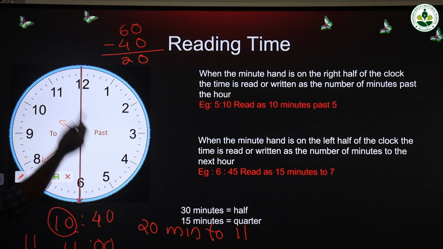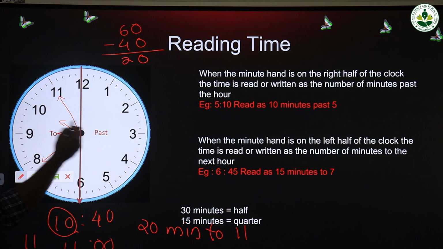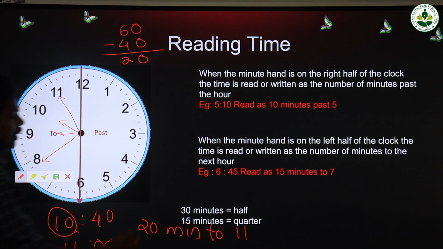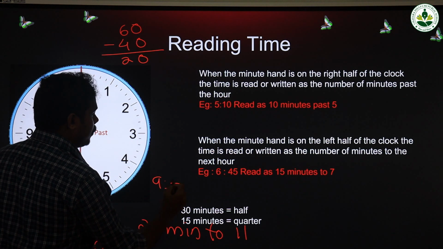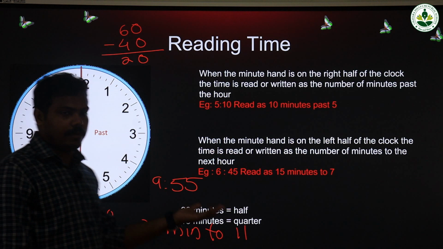One more example. The hour hand is between 9 and 10 and the minute hand is on 11. The time is 9:55. I will read this one. How many more minutes to the next hour?